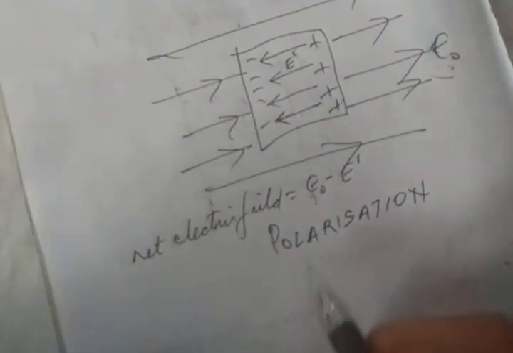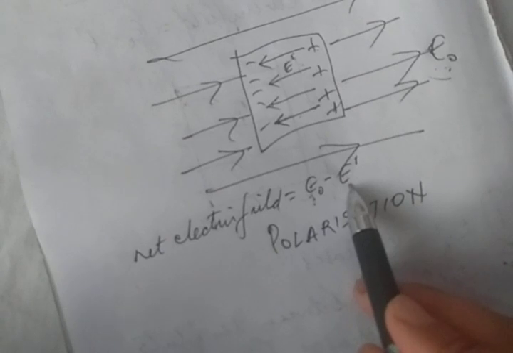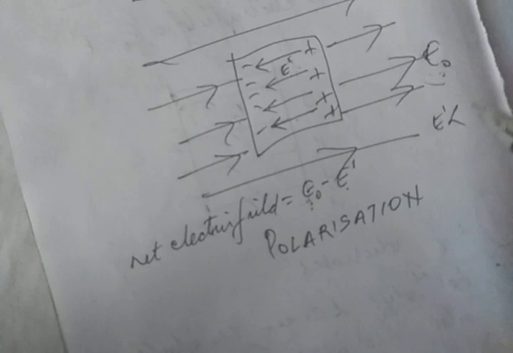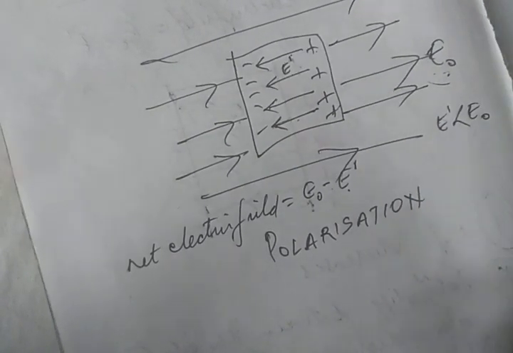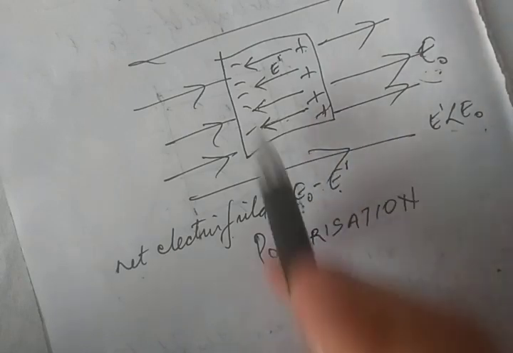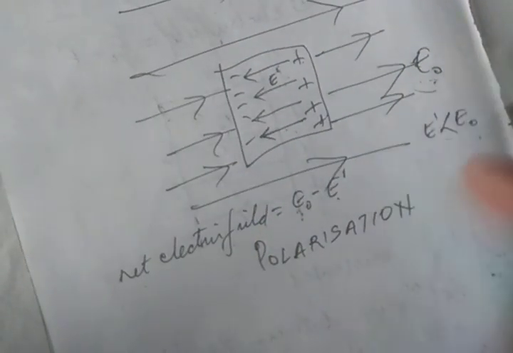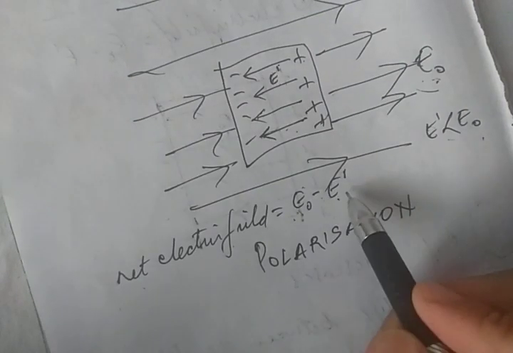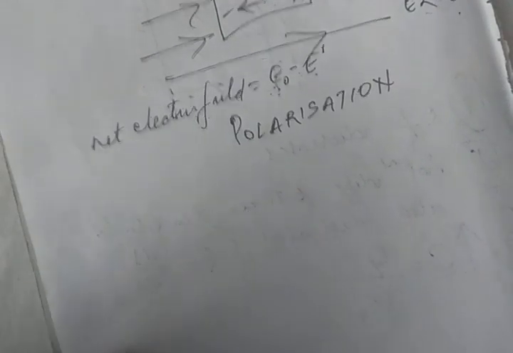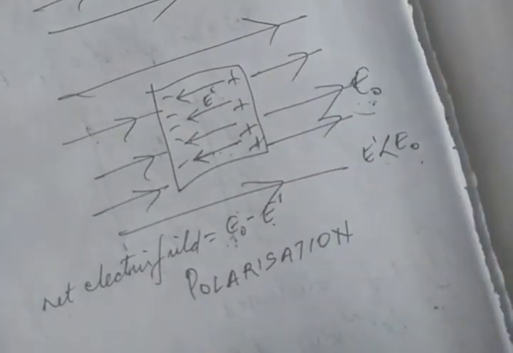Remember that. E dash is a very small electric field compared to E naught, so E dash is always less than E naught. So the net electric field, when you place a dielectric substance in an external electric field, will be E naught minus E dash. That is to say, the magnitude of the electric field decreases when a dielectric is placed in an electric field.